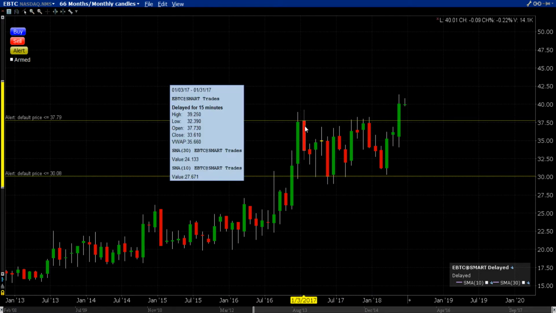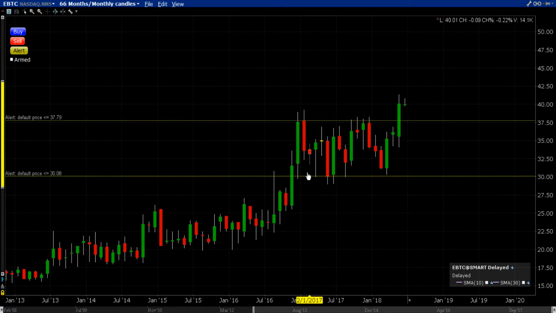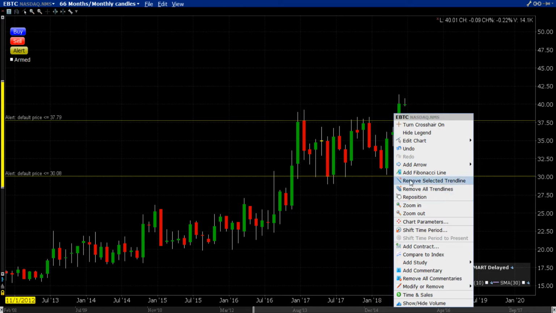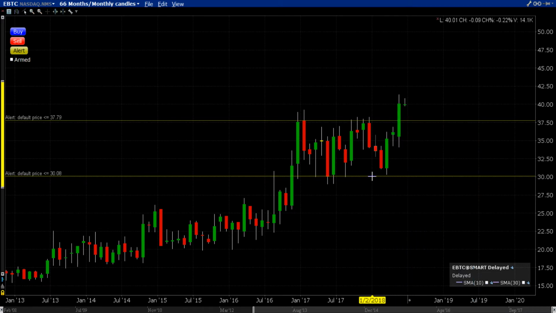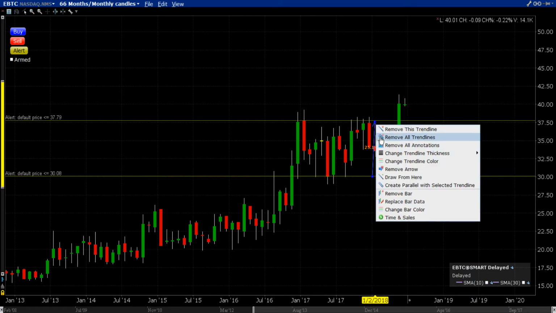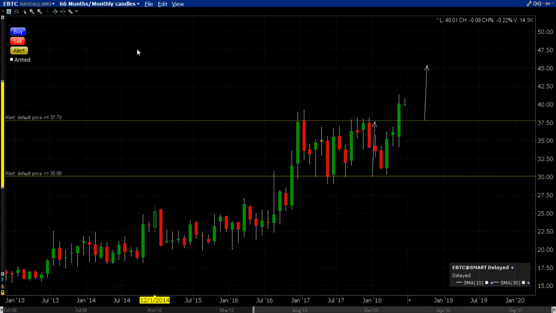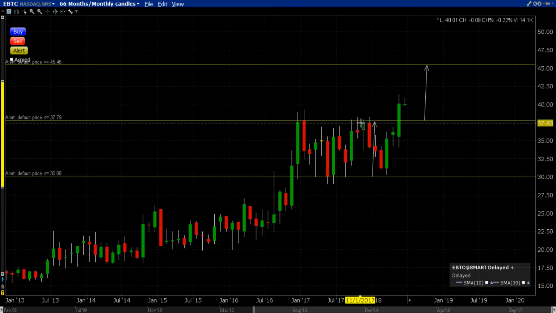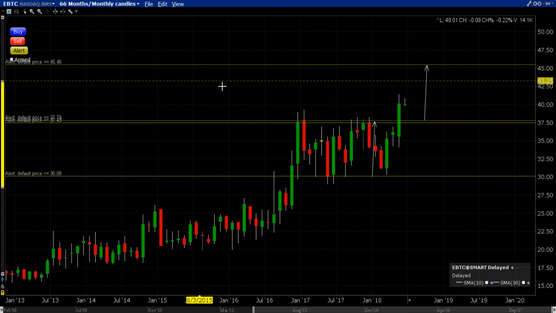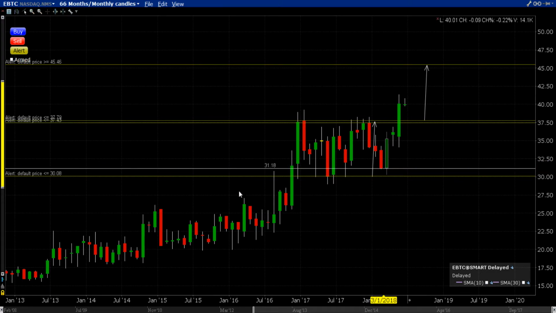So this is my monthly defined resistance, monthly defined support. Let me see what I got here. Already confirmed breakout last month. Remember, patterns within patterns.